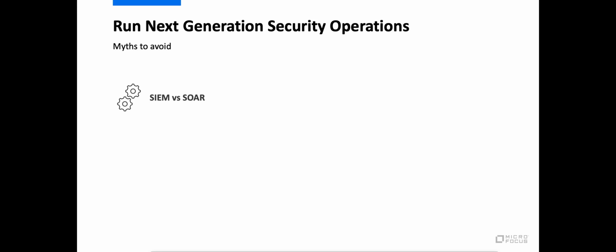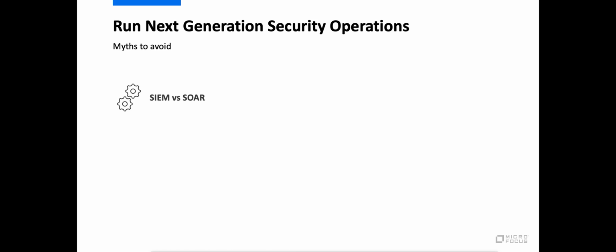Unfortunately, many decision makers are looking at SOAR as a replacement of SIEM, while the reality is SOAR, to be able to orchestrate and to automate, needs to get information from multiple sources. And one of the crucial sources that it needs to get information from is a SIEM solution, because SIEM will be retaining contents and logs for a very long time.